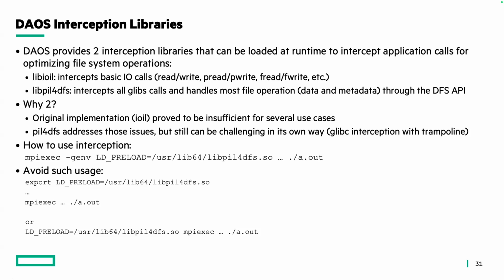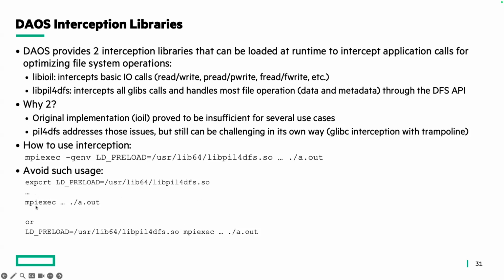For example, we've seen some issues with libc that's unrelated to any IO or your application, and other issues with Python. It should work if you do it that way, but we haven't tested all scenarios. So please avoid always setting it in your environment; set it just before your application starts.